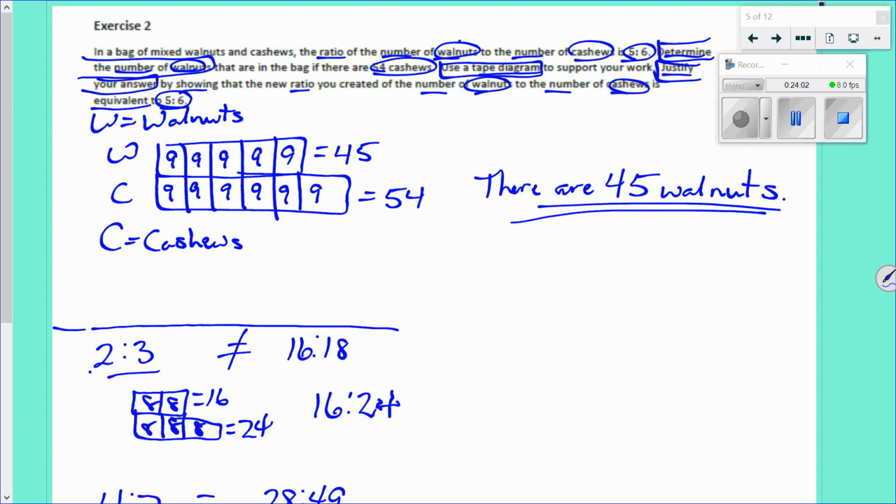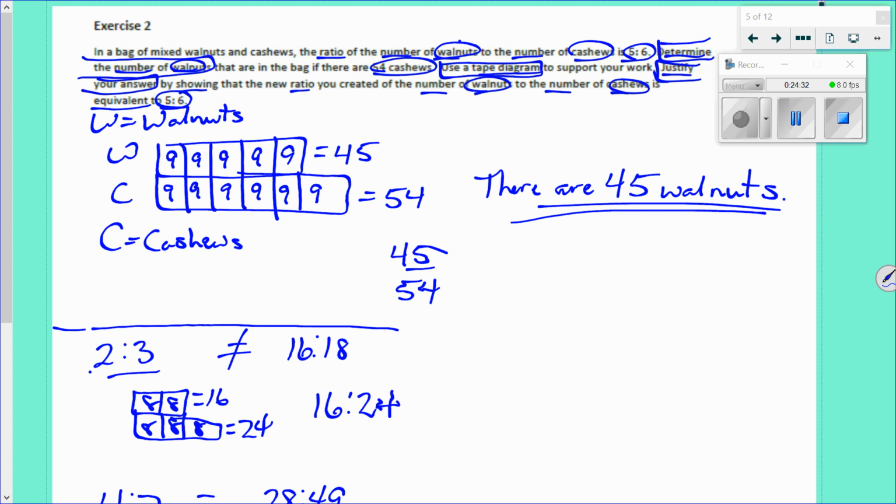Here is how we do this using the definition of equivalent ratios. So if you look at the definition that we gave you last class period, it's actually on the next page, it says that they are going to simplify to the same form. So what I'm going to do is start this ratio at 45 to 54. What can I simplify both those numbers by?